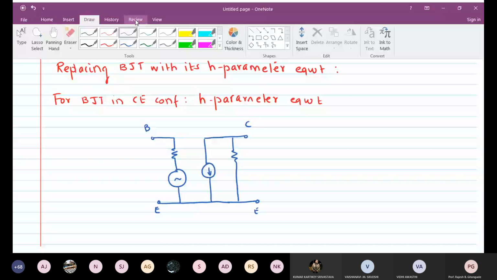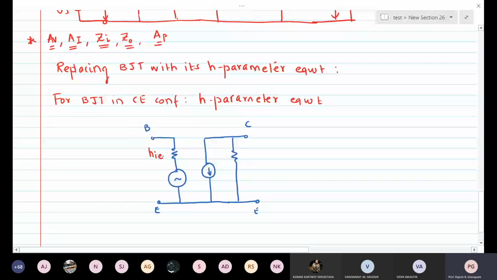H I E. Okay, what is the name of this component? Guys, why are you silent? You are not revising, it seems.